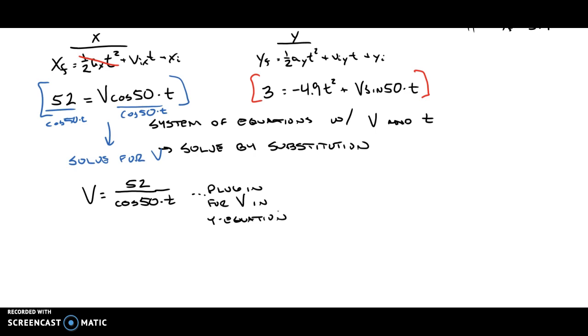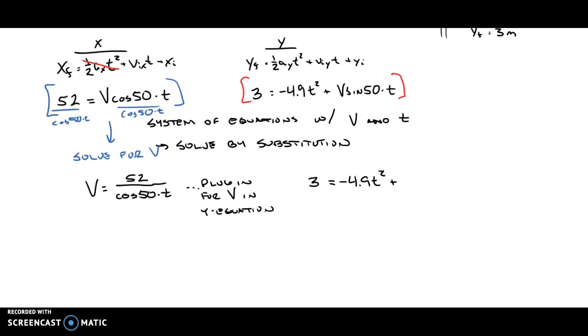And so I'm going to take my equation I have up here in the red brackets, and I'm going to get 3 equals negative 4.9 t squared plus v, which is 52 over cosine 50 times t.